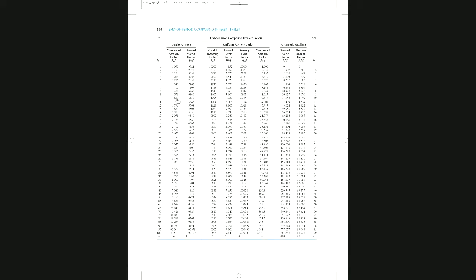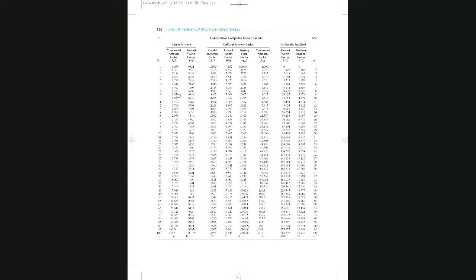And for the other one, did you write the remaining or no? You wrote only one. Okay, if we did one, for 8 years it will be 1.477.